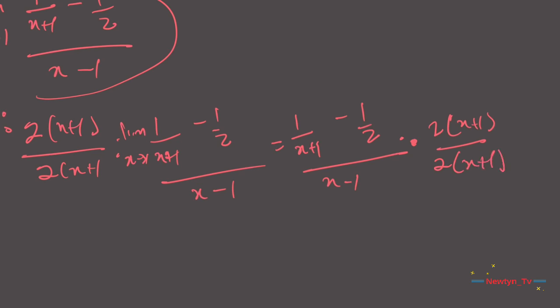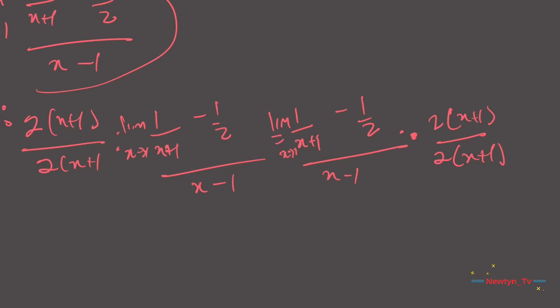Okay, so this is what we get, and you bring down your limit as x approaches 1. That's step 2.